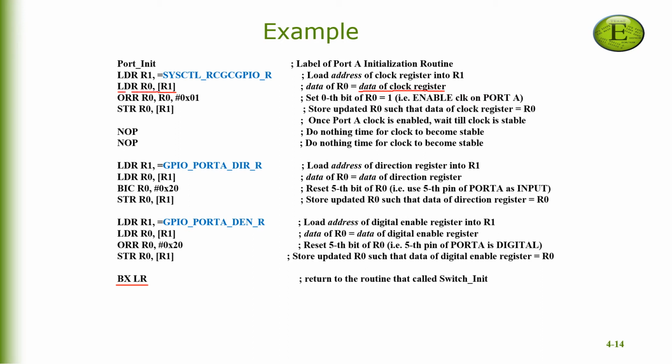Essentially, this instruction says go to the address specified by the contents of register R1, fetch the data available at the address, which is the data of the clock register, and, to be technically correct, copy that data into register R0. So now we have read in the value of the clock register into register R0.